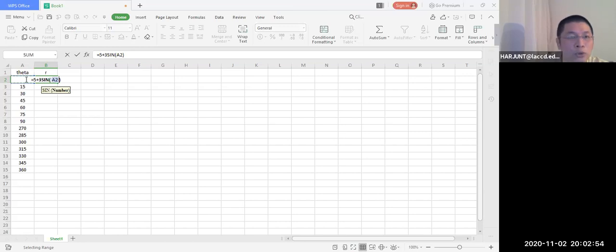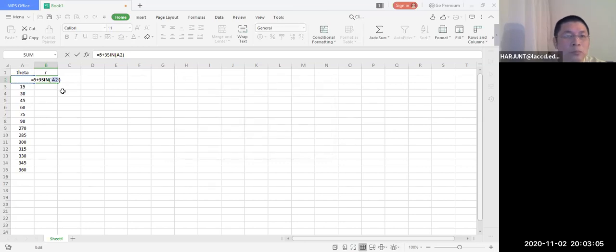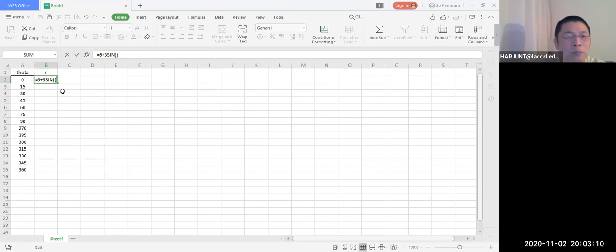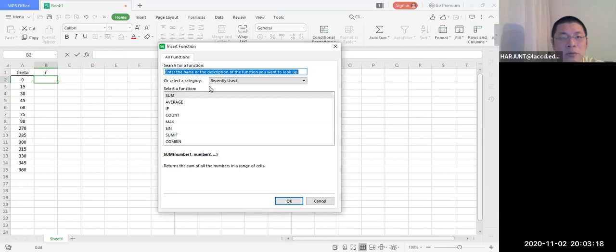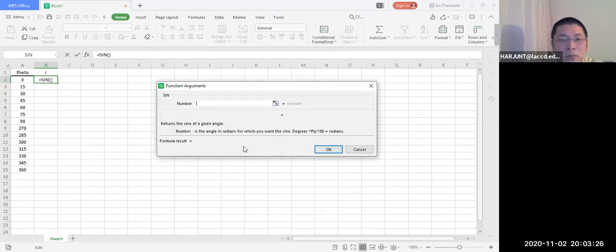Now the thing is, I'm not sure if the sine function takes degrees. The angle is in radians, so multiply by pi over 180.